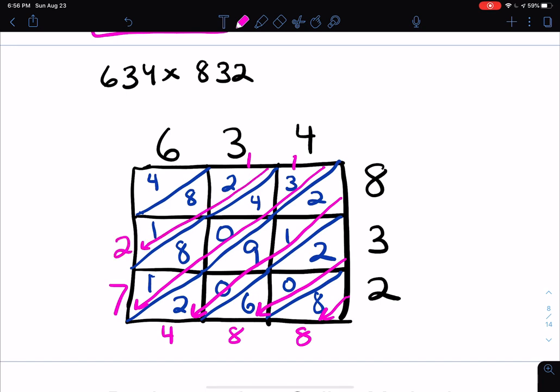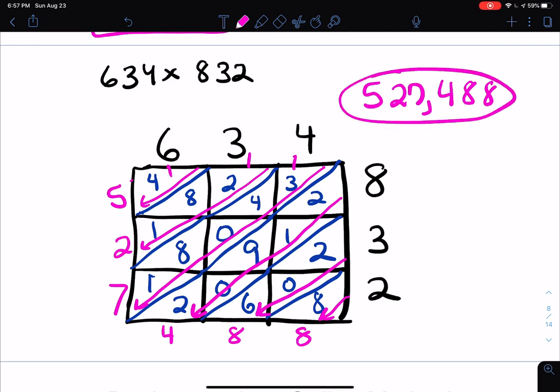Put a 2, carry the 1. 1 plus 4 is 5. So these pink numbers make up my answer, 527,488. And if you go ahead and put 634 times 832 in your trusty calculator, voila, same answer, 527,488.